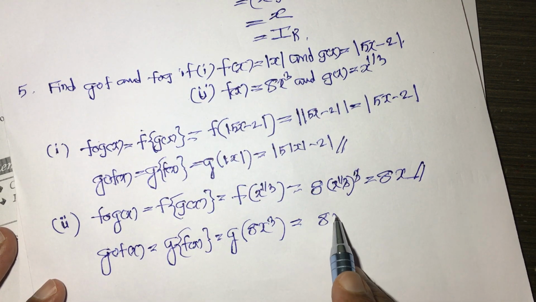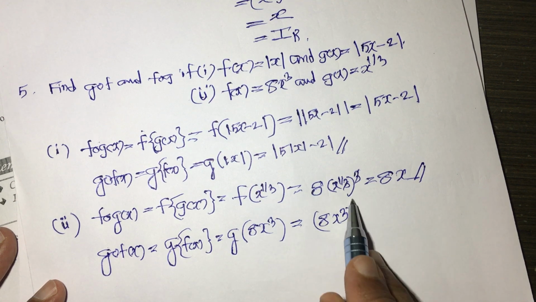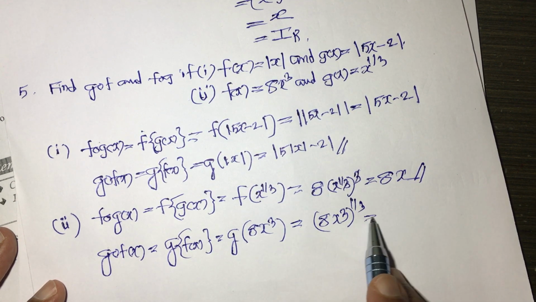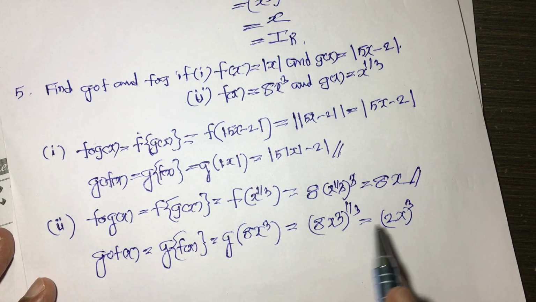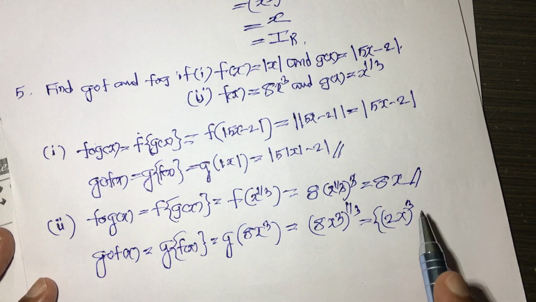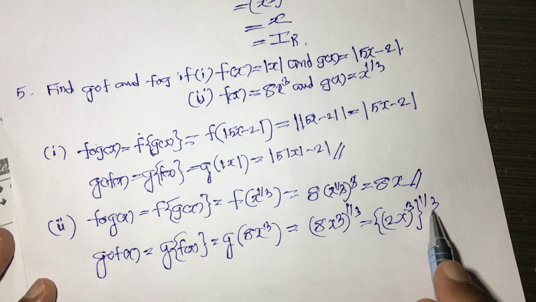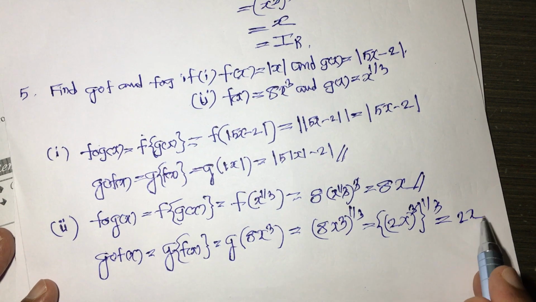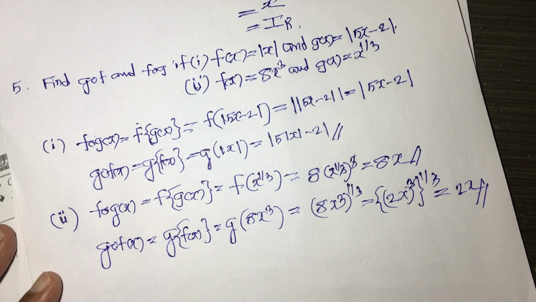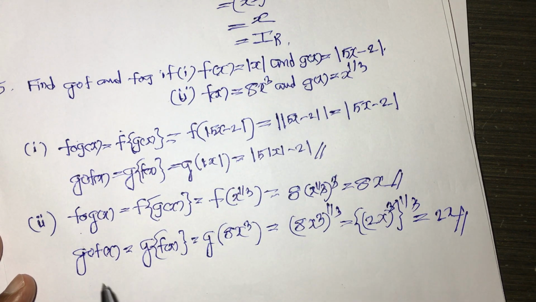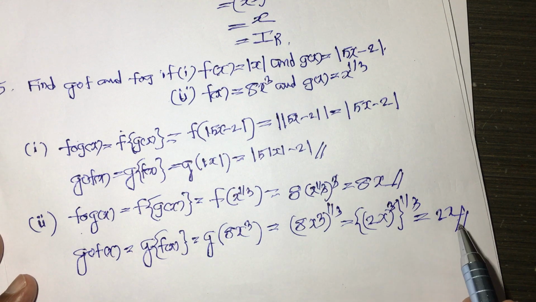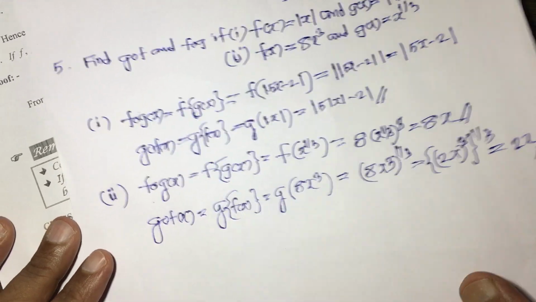So 8x cube raised to 1 by 3. So this I write as (2x) whole cube, because 2 cube is 8 and x cube, this raised to 1 by 3, and this 3 gets cancelled, we get 2x. So this is the value of g composite f of x. So f composite g is 8x and g composite f is 2x, and 8x is not equal to 2x.